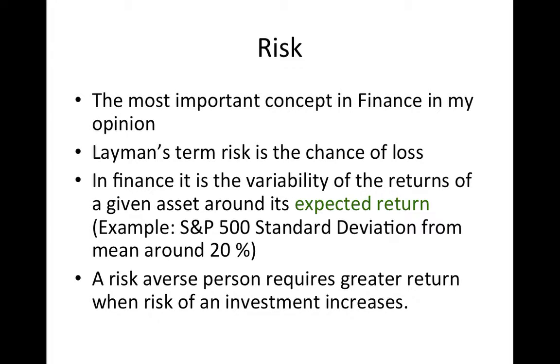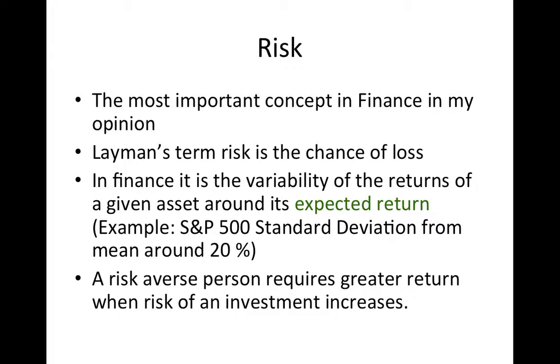So every asset class is supposed to have an expected return. For example, for the S&P 500, the expected return used to be, in a very broad sense, and let's not go into inflation and all, around 10% over a long period of time. It's not like if you buy an S&P 500 ETF for 6 months, you should expect to get 10%. No, that wouldn't be the expected return, or you might not.